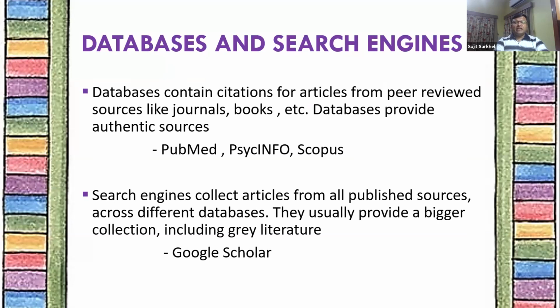Unlike Google, which collects from non-academic sources, Google Scholar usually searches online repositories, for example ResearchGate, PubMed and so many other places, and tries to find the academic articles and compile them. So it is an effective search engine. Some of them can be paid, some of them are non-paid. For example, PsycInfo and Scopus are usually paid sources, whereas PubMed and Google Scholar are usually free sources. That is why they are so popular.